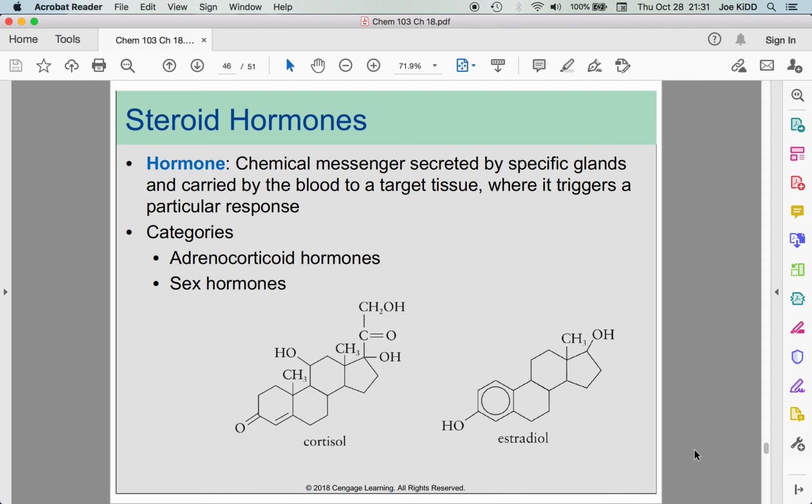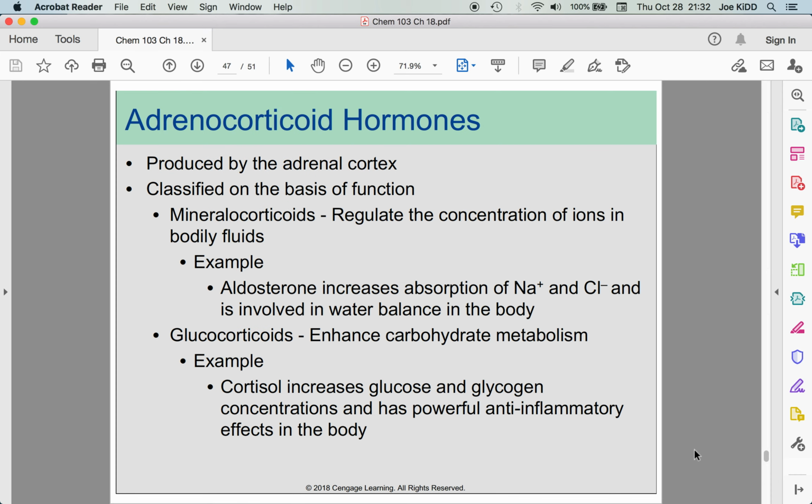So we also have steroid hormones. These are probably more what you're familiar with when you think of steroids. They're secreted, they're messengers, right? So they tell our bodies to do things and trigger certain responses. So we have things like the stress hormone cortisol. This is a part of our fight or flight response. Estradiol, sex hormones, adrenal hormones.